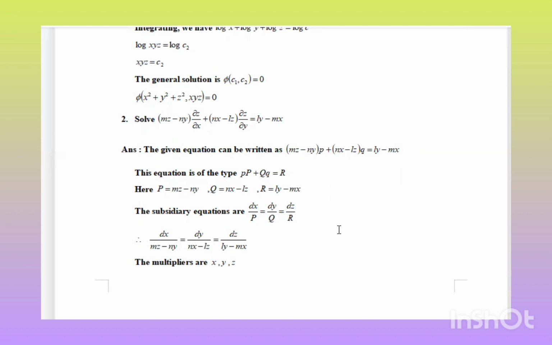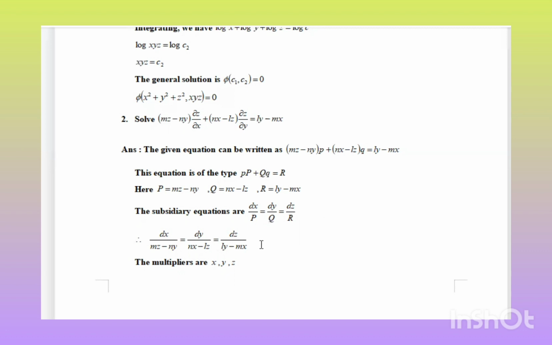So the auxiliary, or subsidiary, equations are dx/P = dy/Q = dz/R. So dx/(mz − ny) = dy/(nx − lz) = dz/(ly − mx).